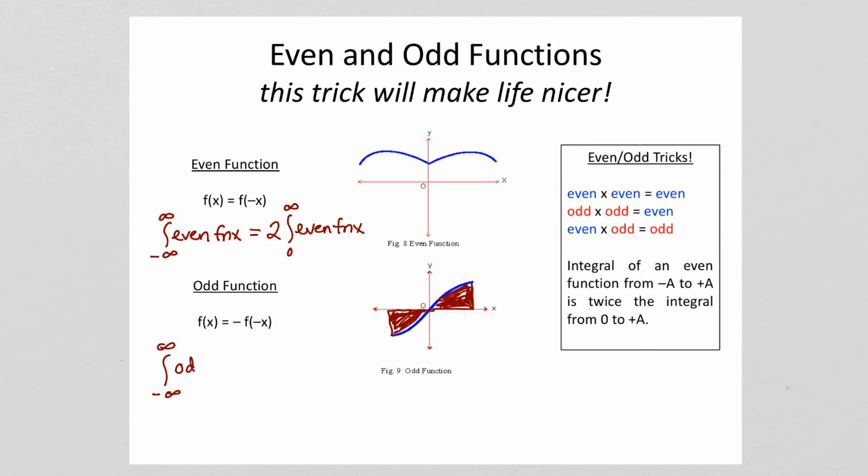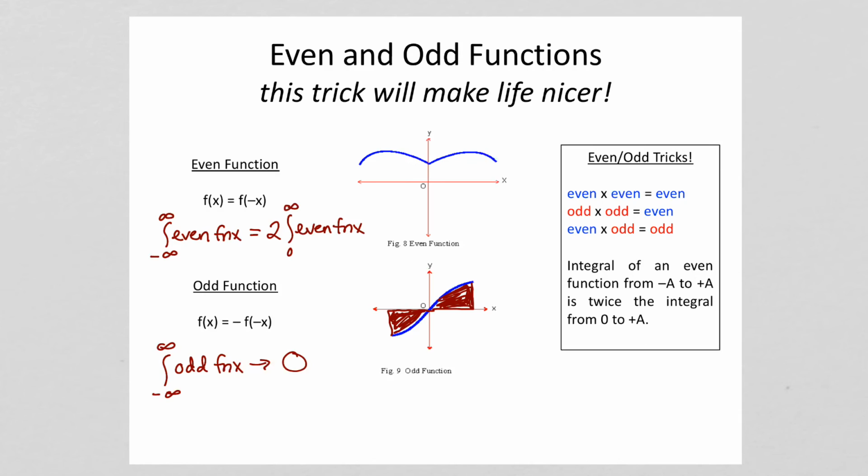If we integrate that, then we will get 0. So that's really nice. We don't have to evaluate anything in that case. Once you recognize whether your function is even, you can use this trick, and that will be helpful for some of your problems. Even better is if you have an odd function and you know that you have a result of 0. Makes your calculations very, very nice.